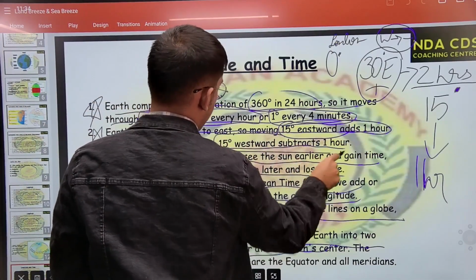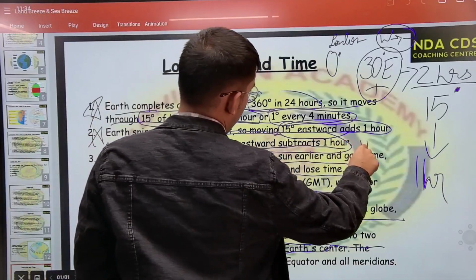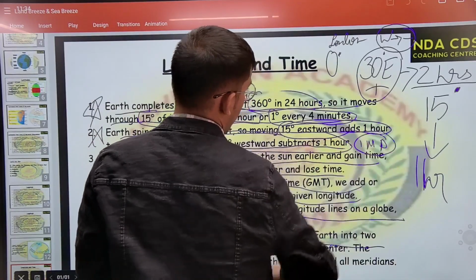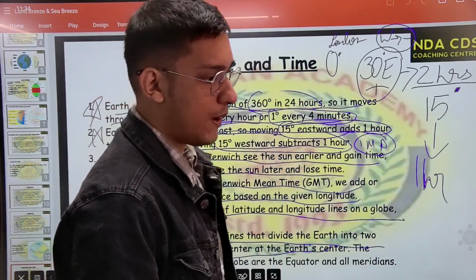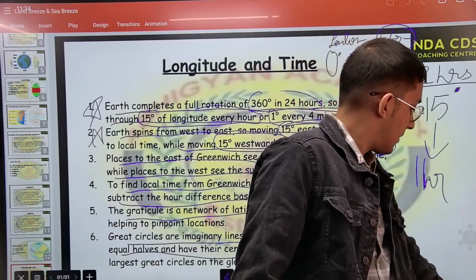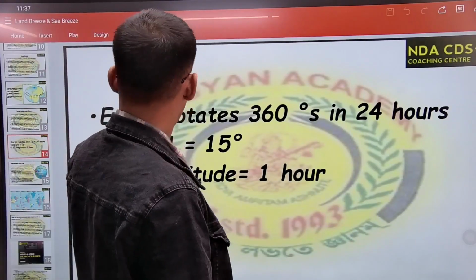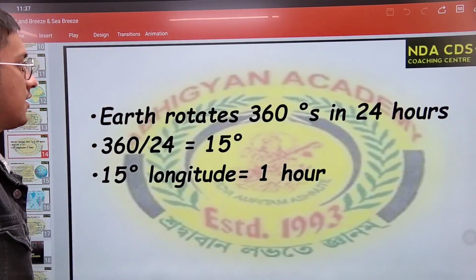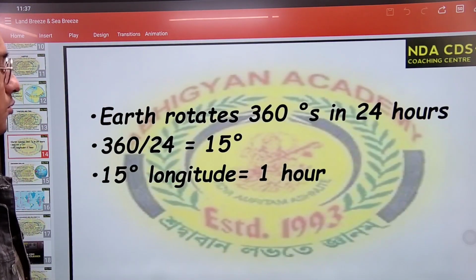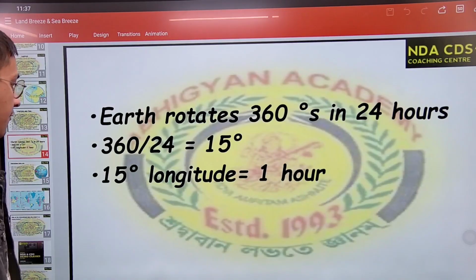While moving west, subtract 1 hour. This is very important. East will always add, west will always be subtracted. So write down these important points. Earth rotates 360 degrees in 24 hours. 360 by 24 equals 15. So every 15 degrees longitude is equal to 1 hour.